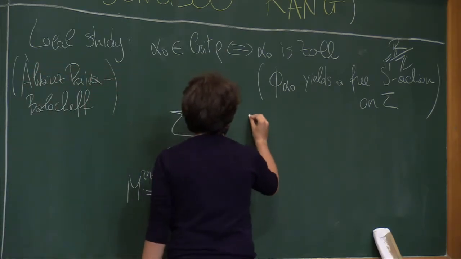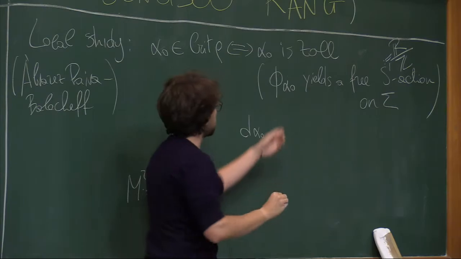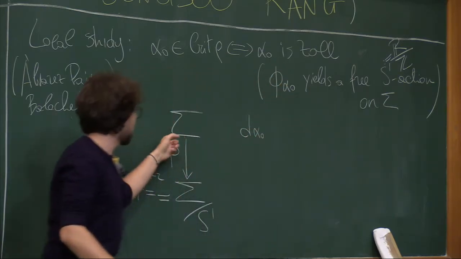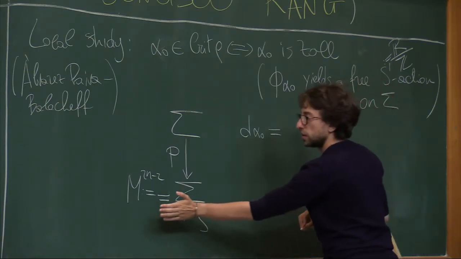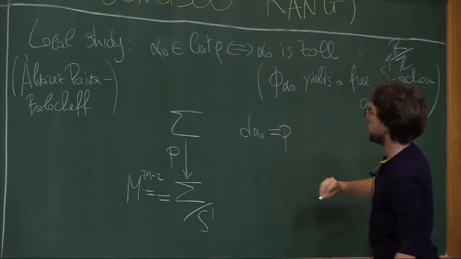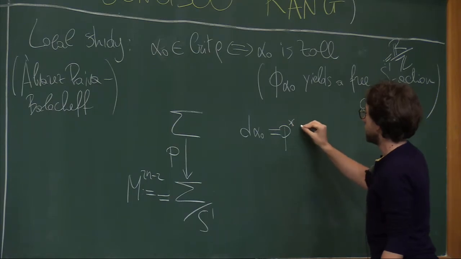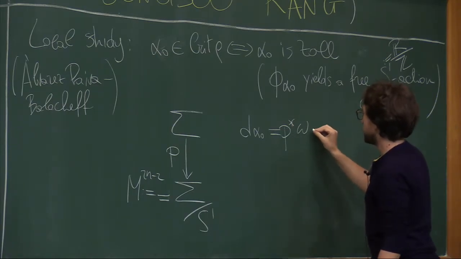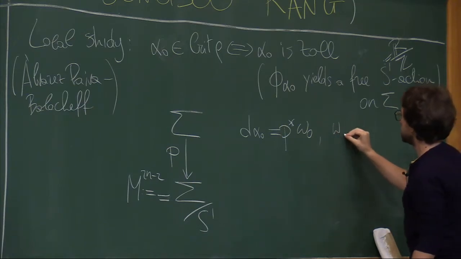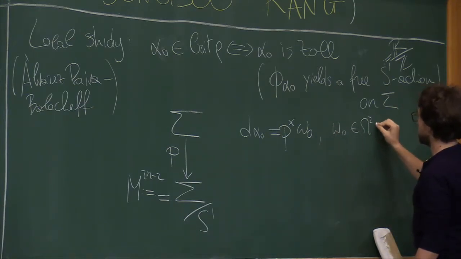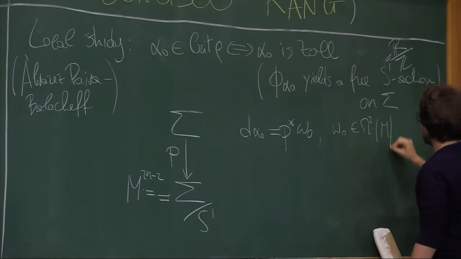And now if I consider the differential of the Zoll form, this descends to a symplectic form on M. So d alpha naught is P star of omega naught, where omega naught is a 2-form on M, which is symplectic.